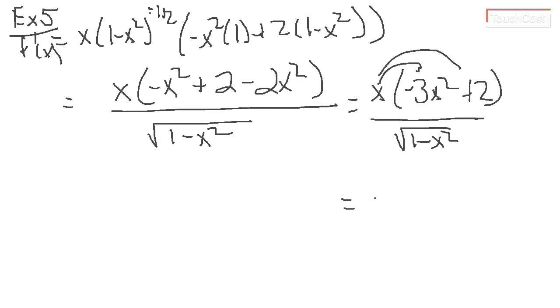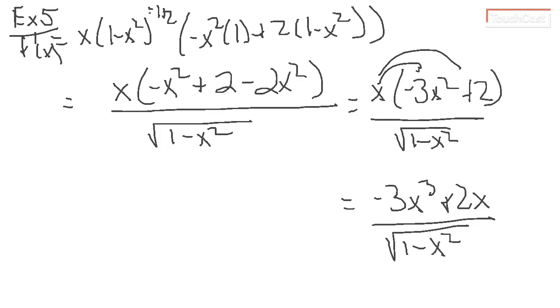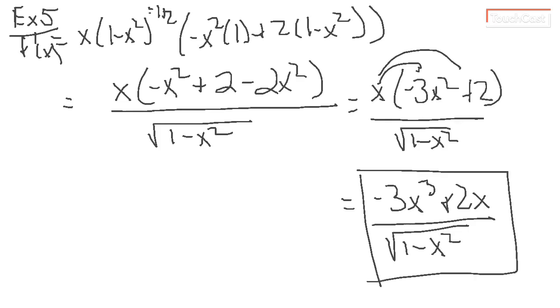I'm going to end up with negative 3x cubed plus 2x over the square root of 1 minus x squared for my final answer. And I told you at the beginning of this example that this one, from what we've already been doing, was so far our most difficult example. So let's look at another one that might also be a little difficult.